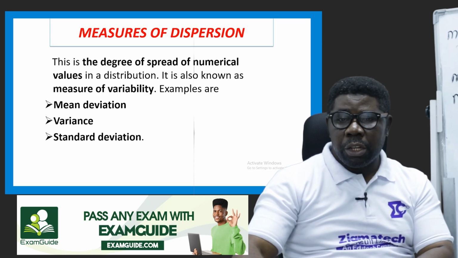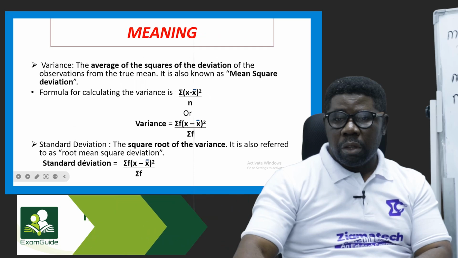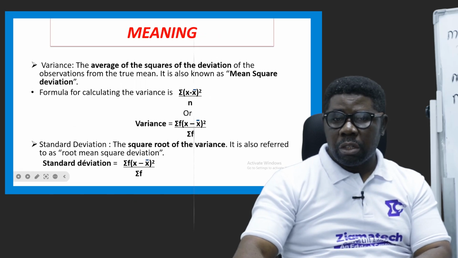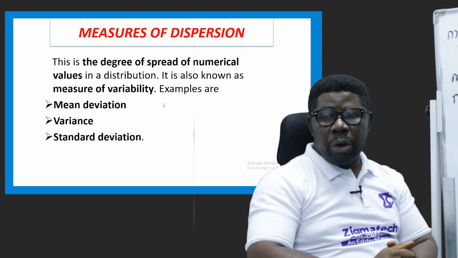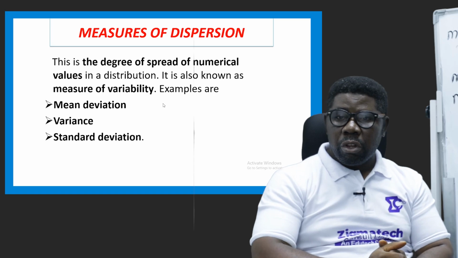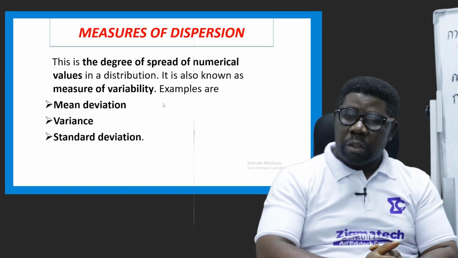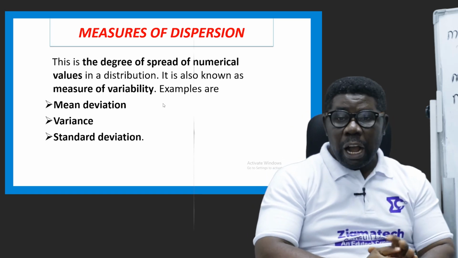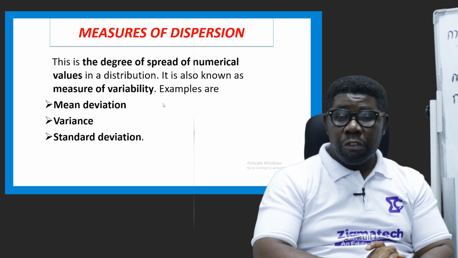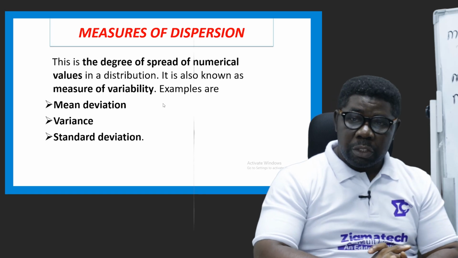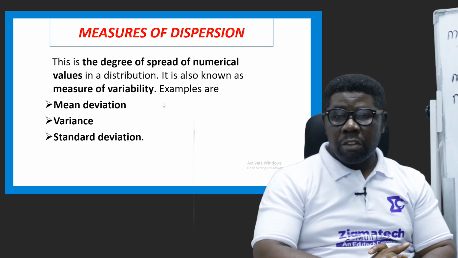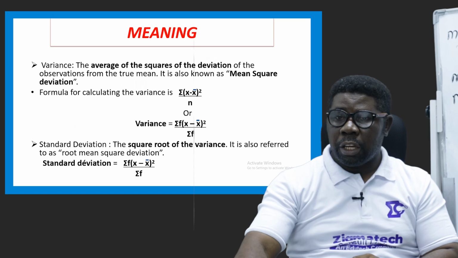So what is the mean deviation? The mean deviation is the degree of spread of numerical values in a distribution. It is how far the mean is from the averages of the observations. Let's look at it again.